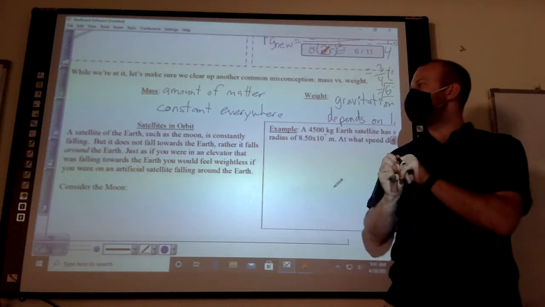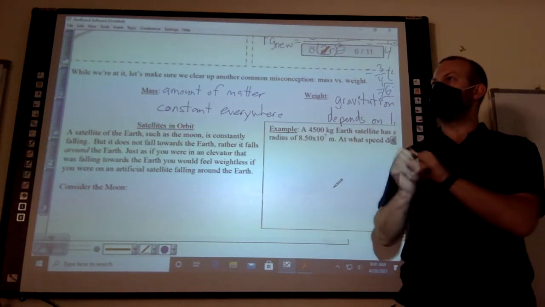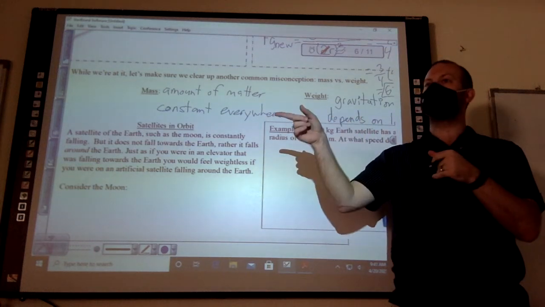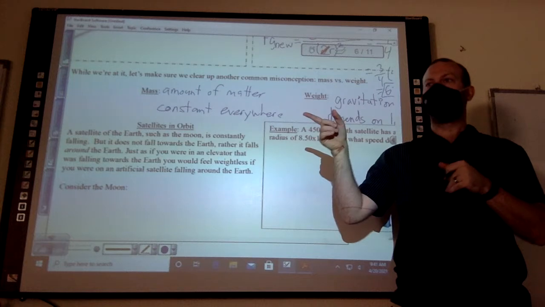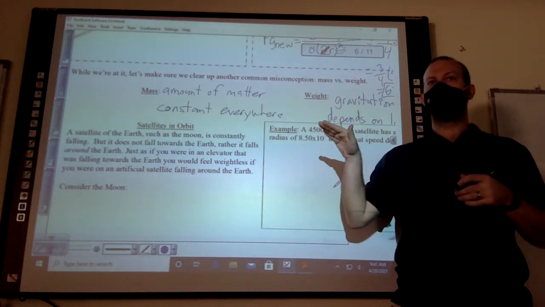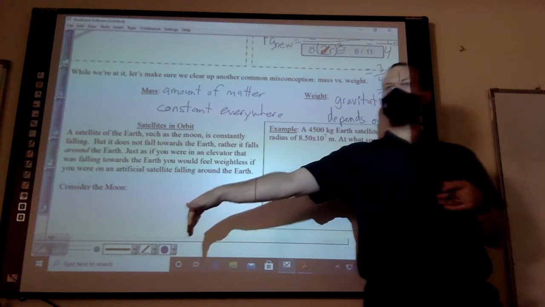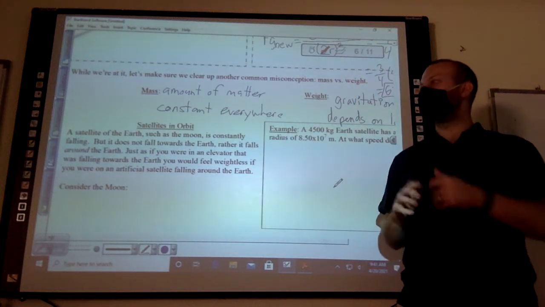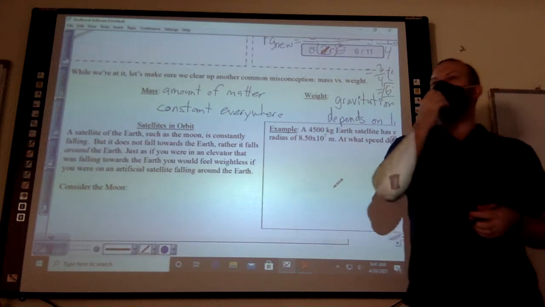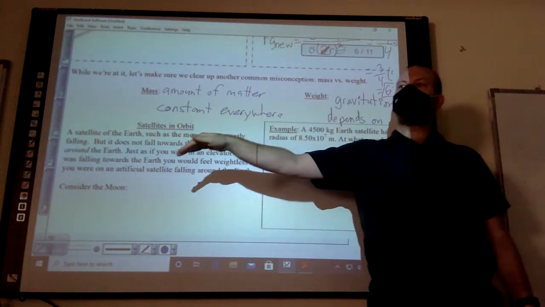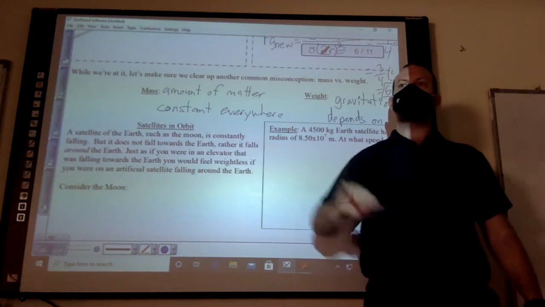If you remember from projectiles, if I shot something in this direction, what would happen? If I shot a bullet, it would go and the bullet would fall. What if I shot it fast enough that as it fell, it also curved around the Earth because it's going so fast?